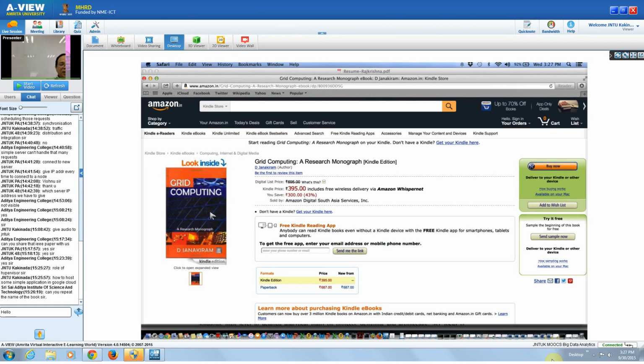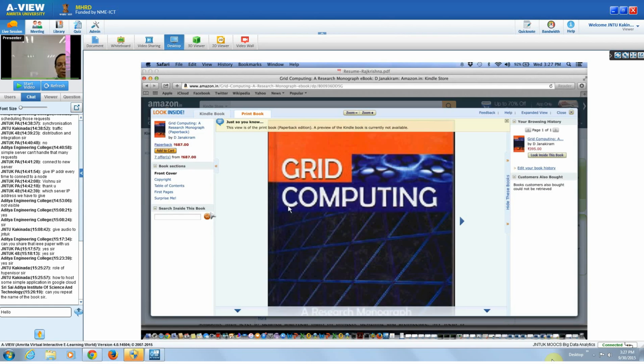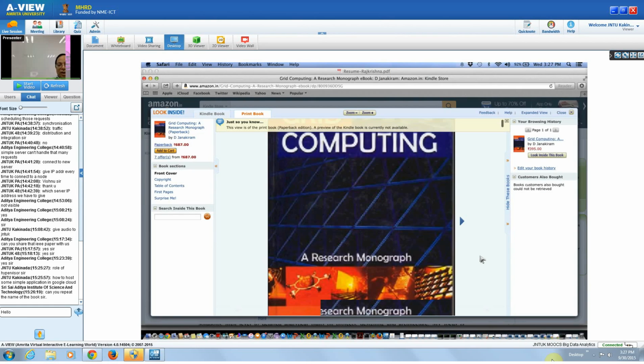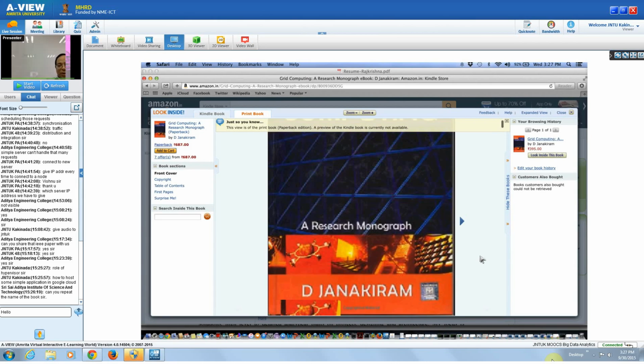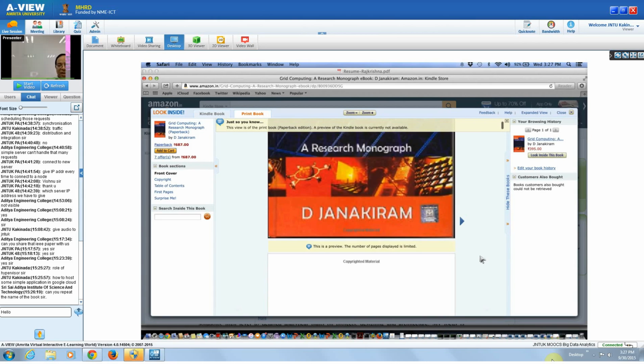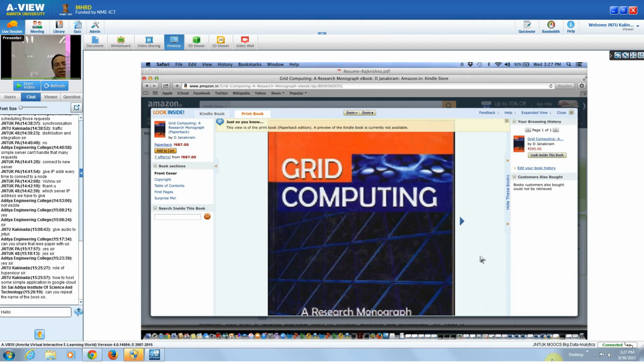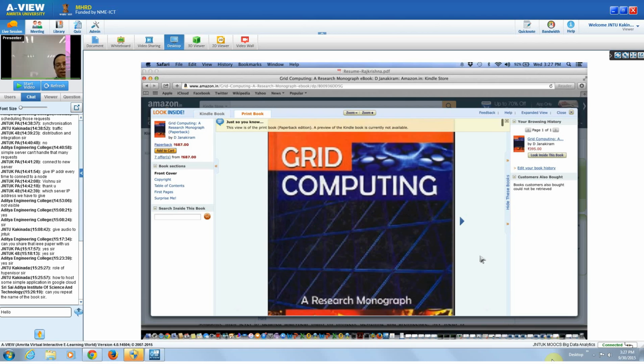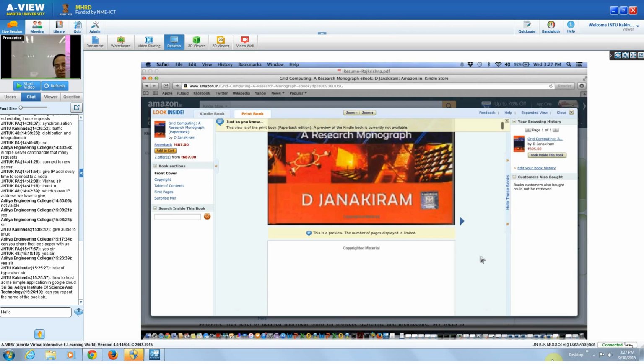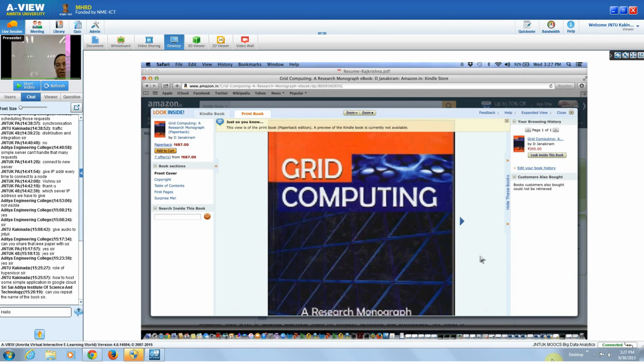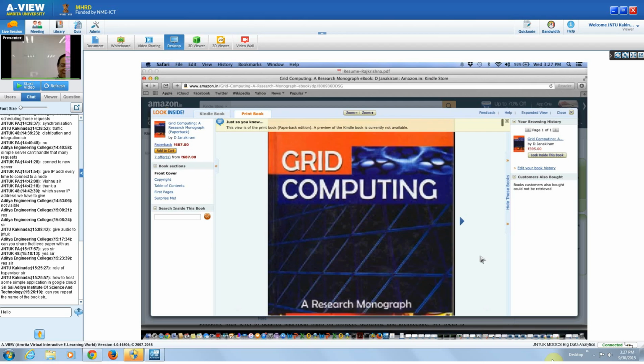This is actually used as a textbook in very few places abroad also, in some places in Germany, and Pune University uses this as a textbook. Though I sit on the board of studies of JNTUK, I myself never wanted to suggest anything to them, because there should not be any conflict of interest.